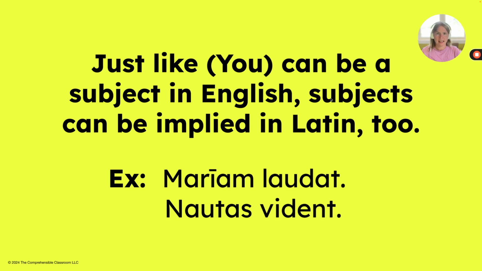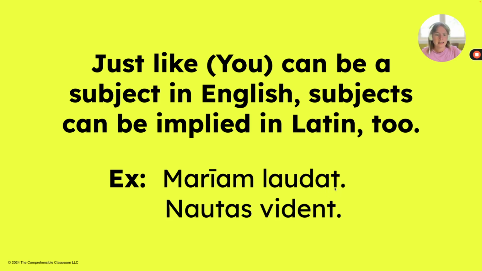Just like you may have learned if you took Essentials for Classical Conversations, just like the implied you can be a subject in English, subjects can be implied in Latin too. So you don't have to say the word you when you're giving a command. Like you can just say, wash the dishes. I didn't say you wash the dishes, but you knew that's what I was saying. I just said wash the dishes, and the same thing happens in Latin. And that information is carried here at the end of the verbs.